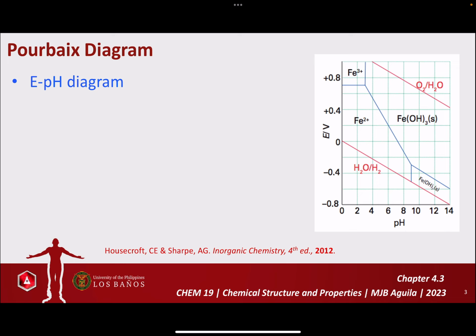So this is usually constructed from the Nernst equation and the solubility data for the element containing the species. In the Pourbaix diagram, those at the bottom are considered to be the reduced forms, and those at the top are considered to be the oxidized form.